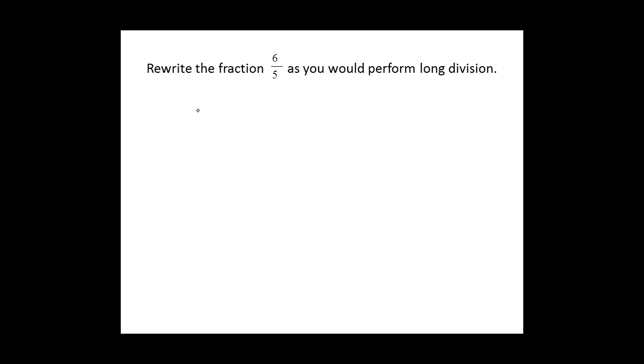Remember, 6/5 is the same thing as 6 divided by 5. To write this in long division form, we put the 6 inside the house and the 5 outside. This reads 6 divided by 5.